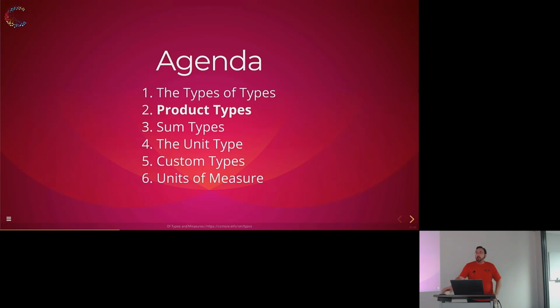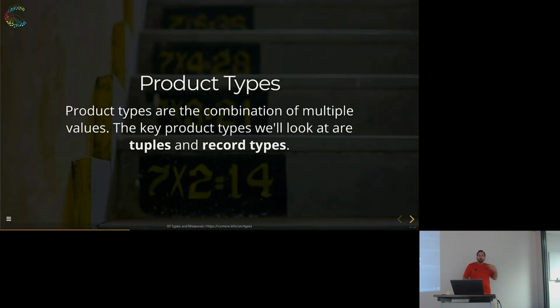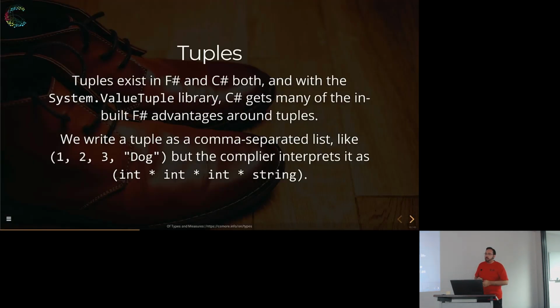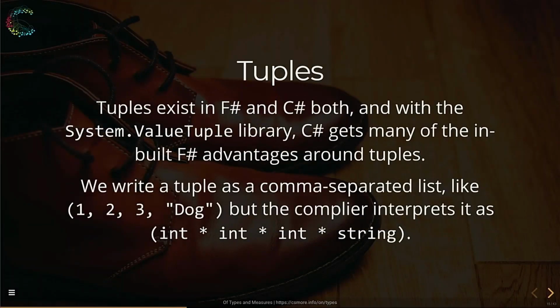Let's talk now about product types. A product type is a combination of multiple values. So we're going to look at two tonight, tuples and records. Tuples, you get them in C#, you get them in F#. System.ValueTuple is extremely close to F#'s tuple. In F#, we're going to define a tuple as a comma-separated list.